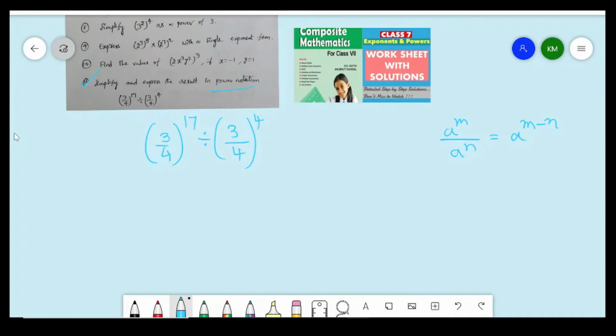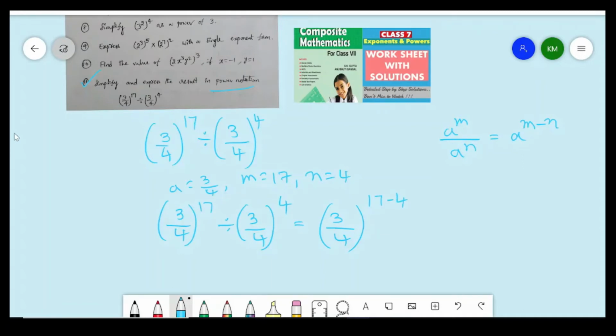Here on comparing the given expression with this formula, a is 3/4, m is 17, n is 4. Therefore (3/4)^17 divided by (3/4)^4 is equal to (3/4) raised to the power of 17 minus 4, that is equal to (3/4)^13. Okay, so this is the final answer.